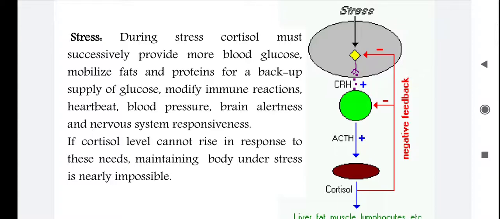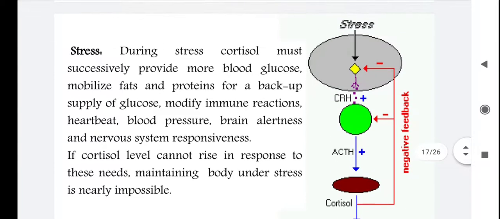If cortisol level cannot rise in response to this need, maintaining the body under stress is nearly impossible. So, stress stimulates cortisol production.